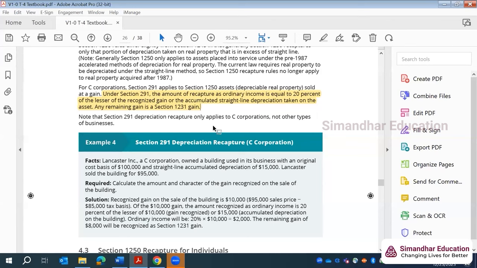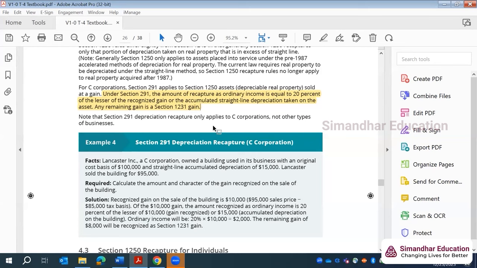So of the $20,000 of gain, if $3,000 is Section 291, what is the remaining gain? So $20,000 is the gain.